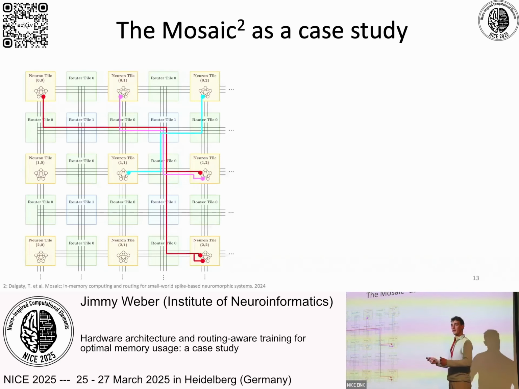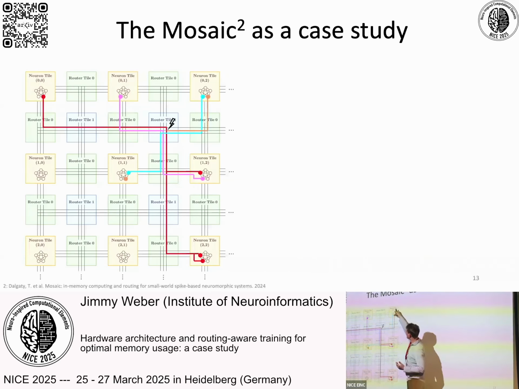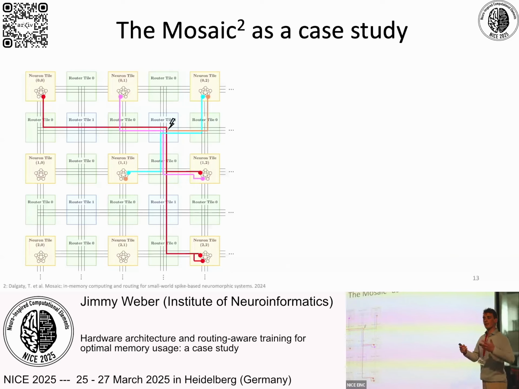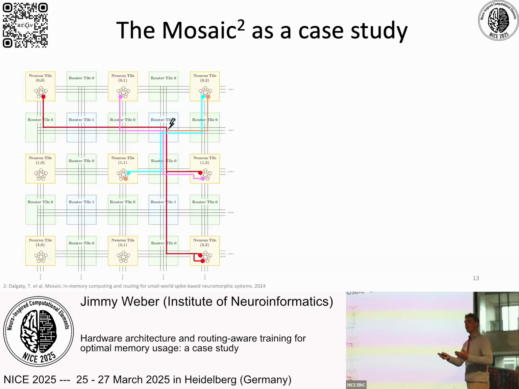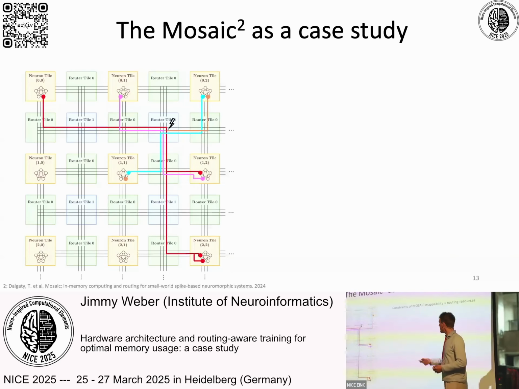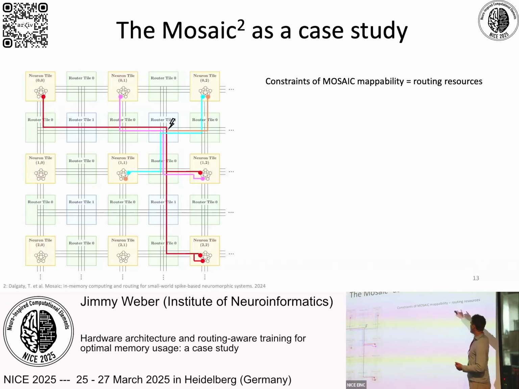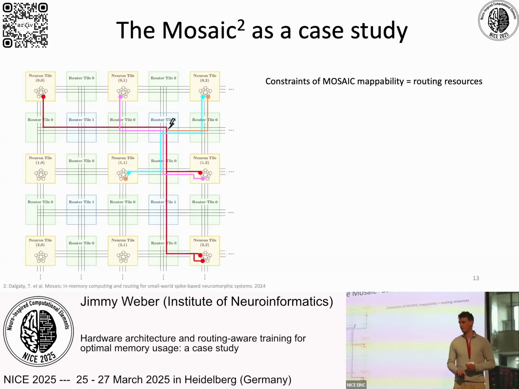We are adding more routes there. Eventually, if I want to connect this neuron to this neuron, I don't have enough routing resources here. As I said, we are trying to comply with the constraints. And here, the constraint of Mosaic mappability is basically routing resources.